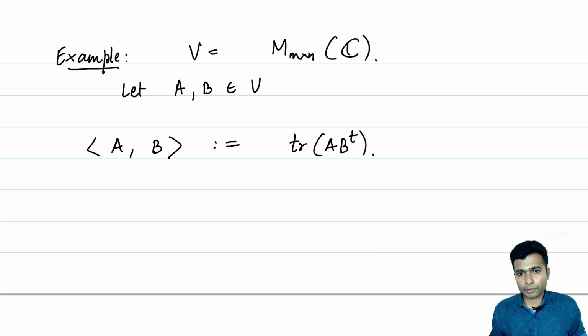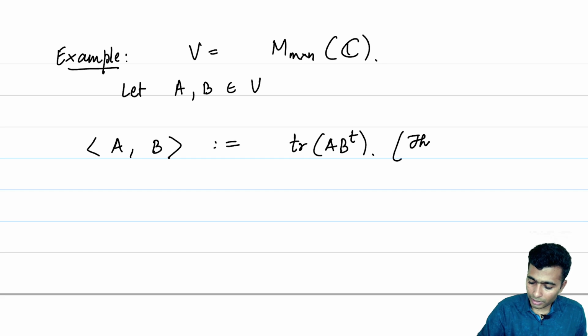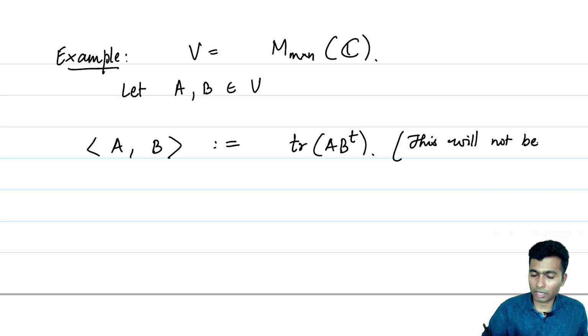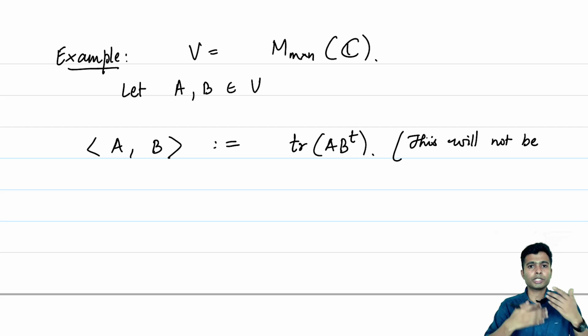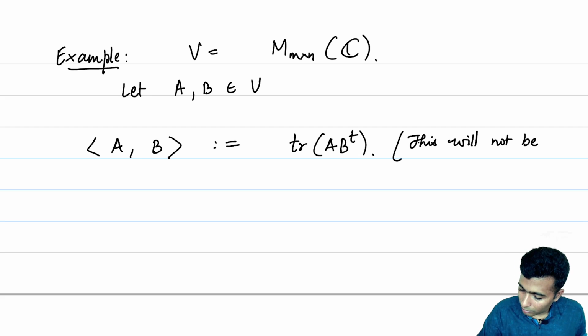But the same problem is again going to come up here. The fact that the conjugate is not being involved is going to be a problem. You should check that this will not be an inner product because it's a complex vector space. The conjugate linear property will break down, even the positivity will break down. This will not be an inner product.